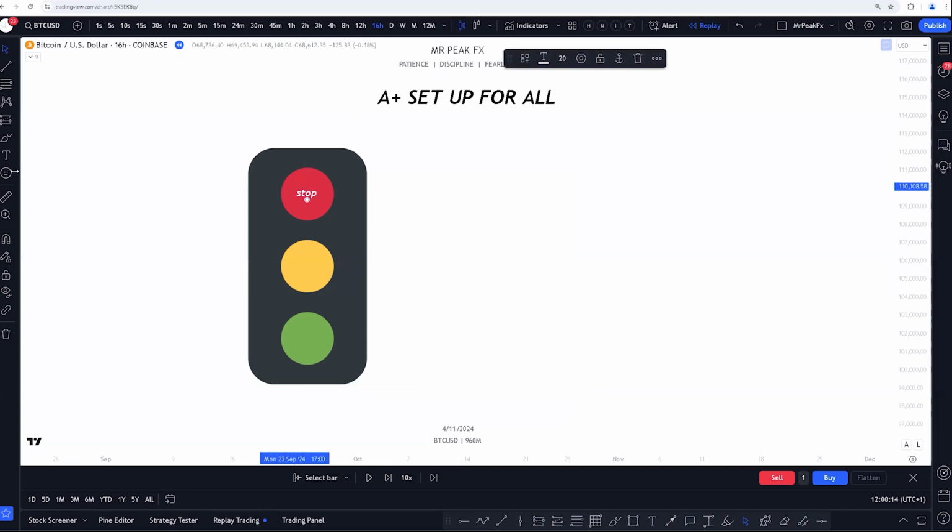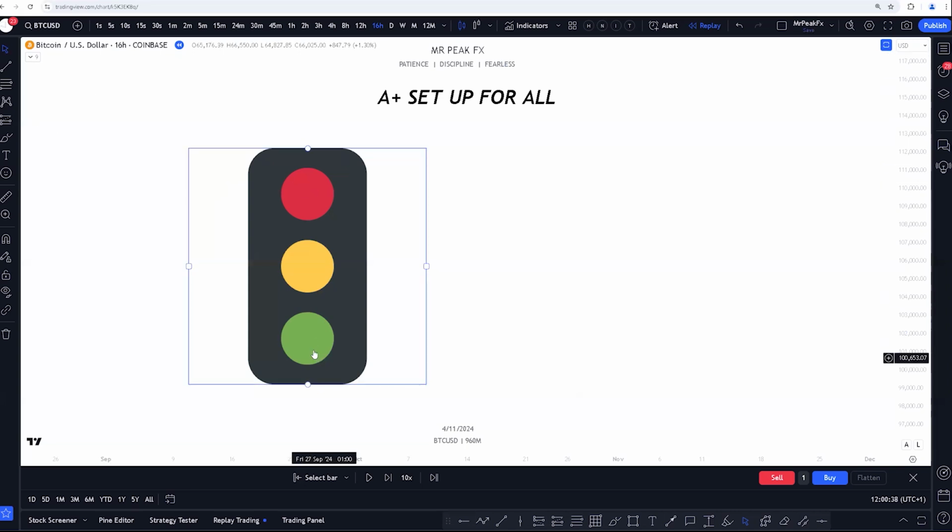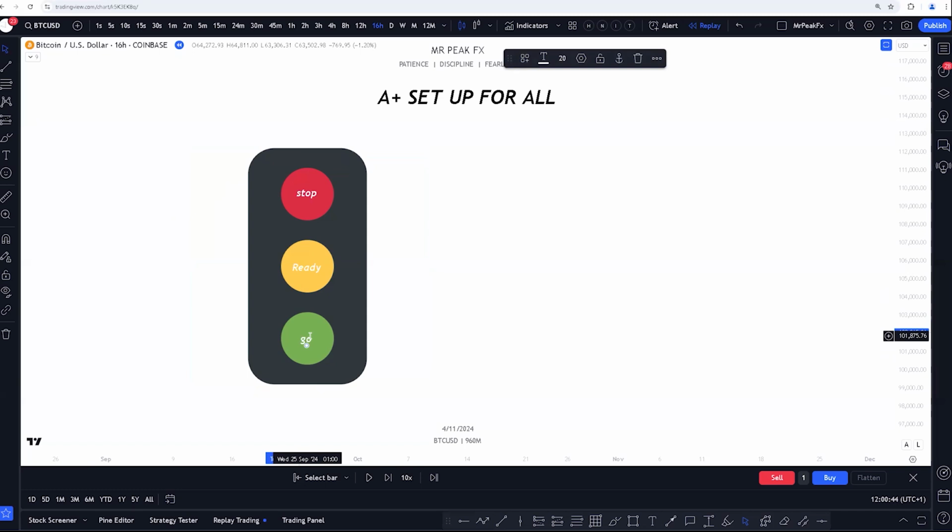Then the yellow means ready, right? And of course, the green means go, a signal for everyone opposing that traffic light to go. So this is the conventional meaning of the red, the yellow, and the green for a traffic light. Now, let me bring this down to Forex trading to simplify the A plus setup.